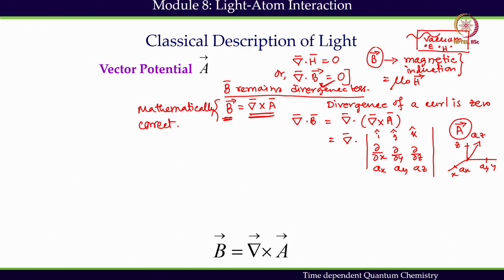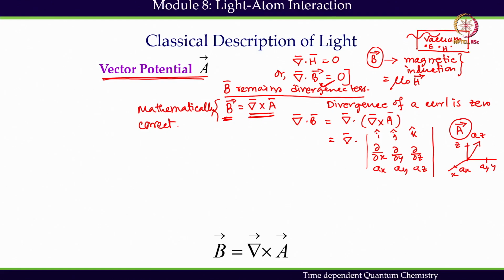But physically, what does it mean? We will come back, and remember this physical meaning of this particular part, and this A will be called vector potential. This is the first time we are introducing this vector potential. So far we have shown its mathematical origin. What is its mathematical origin?